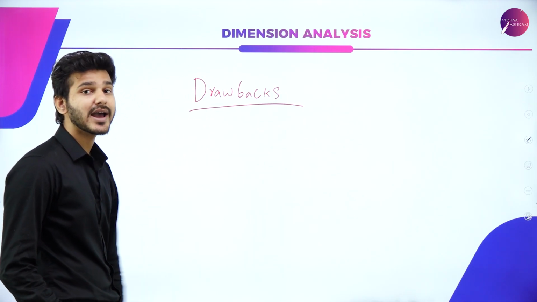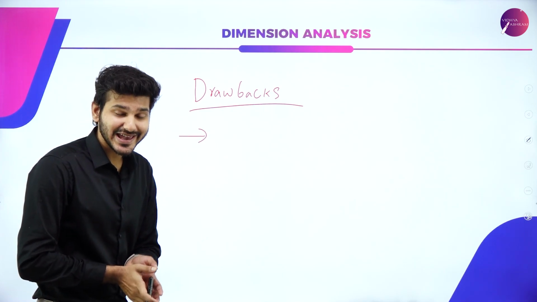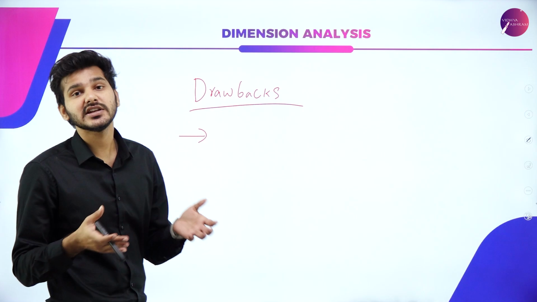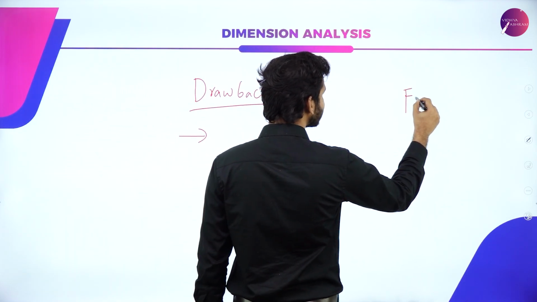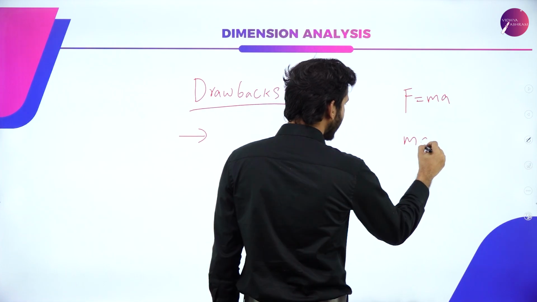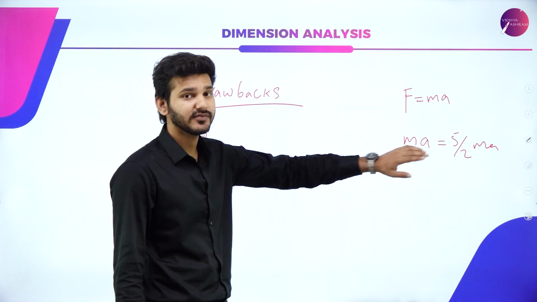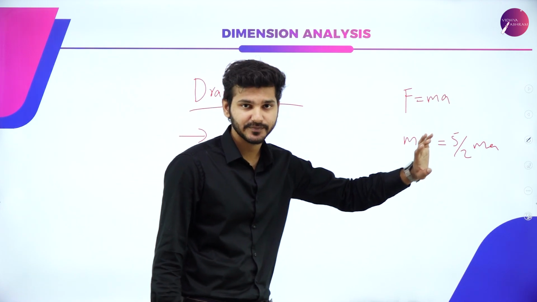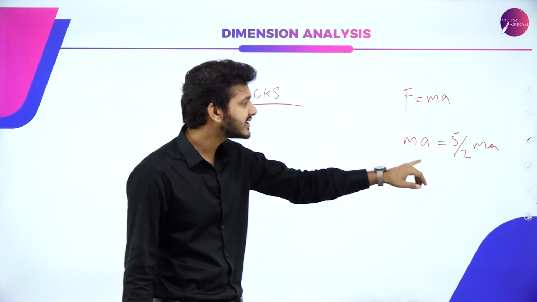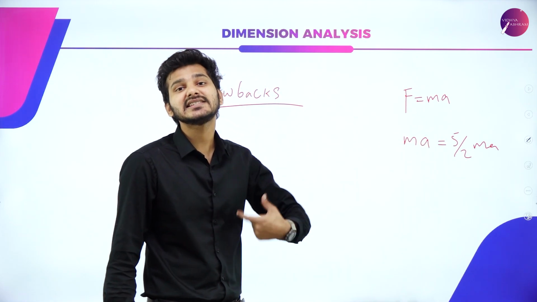The first drawback is that we can only check if an equation is dimensionally correct. We know that F is equal to MA, that is, force is equal to M into A. If I write MA is equal to 5 by 2 MA, this particular equation in itself is wrong.